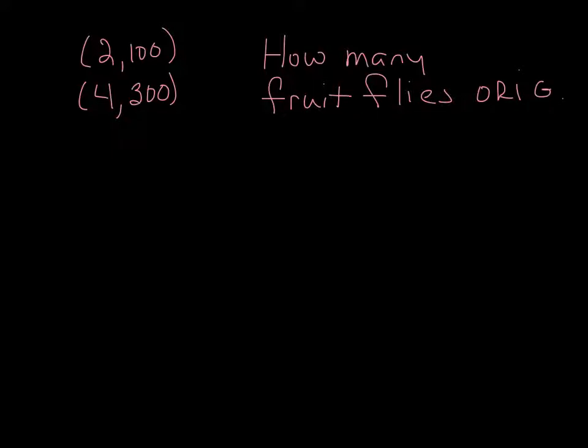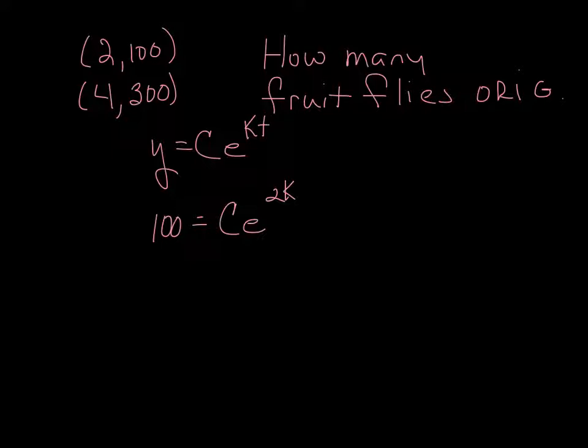Okay, so we know we're going to have to use y equals ce to the kt. We do know that on day 2 we had 100. So we'd have 100 equals ce to the 2k, just plugging in the information we have. On day 4 we have 300.